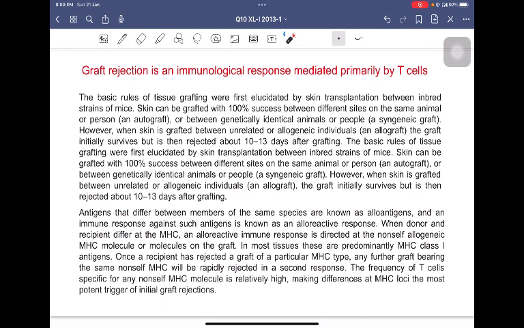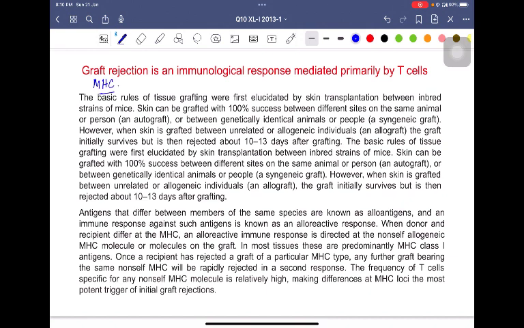Often the donor and recipient differ at the MHC. When the MHC is different between the donor and the recipient, an alloreactive immune response is directed at the non-self allogenic MHC molecule or molecules on the graft. Therefore, graft rejection is primarily due to the role of the major histocompatibility complex, or MHC.